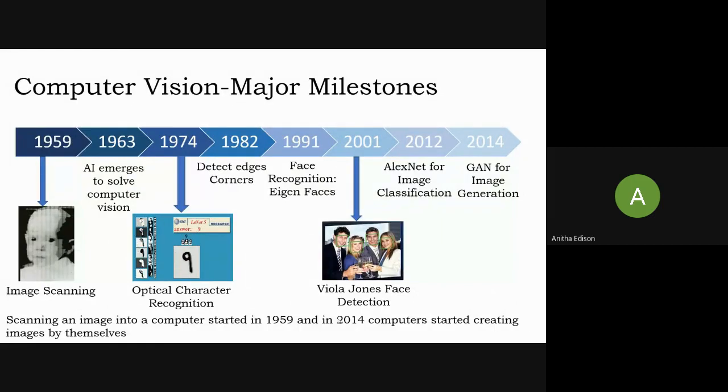In 2014, GANs were developed for image generation. So in 1959, the first image was scanned into a computer, and by 2014, computers started generating images on their own. That is the advancement that we are in now. Computers can generate their own images. So that is where computer vision is right now.